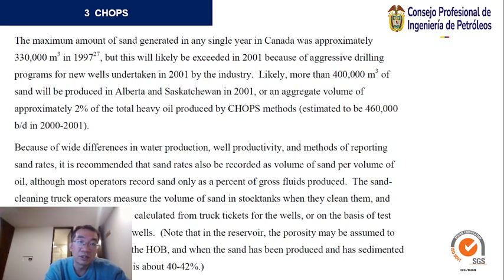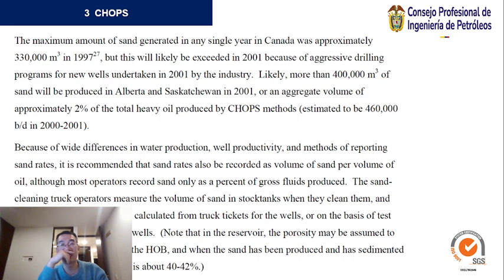The maximum amount of sand generated in any single year in Canada was nearly 330,000 in 1997, but this will likely be exceeded in 2001 because of aggressive drilling programs for new wells undertaken in 2001 by the industry.